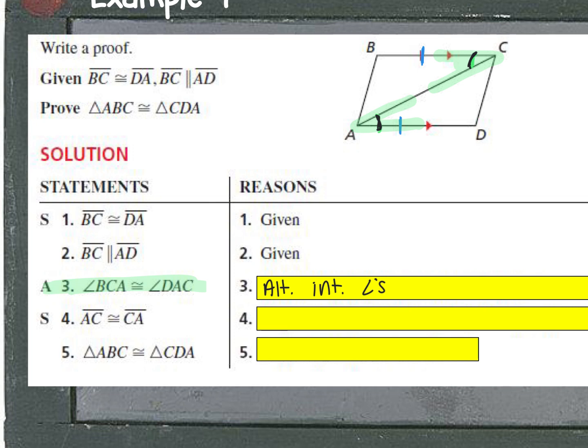So this one's going to be, I'm also going to label it. AC is congruent to CA. So they're talking about this side right here. This is reflexive property of equality. And now I'm proving that the triangles are congruent by what? I'll write two lines on here.